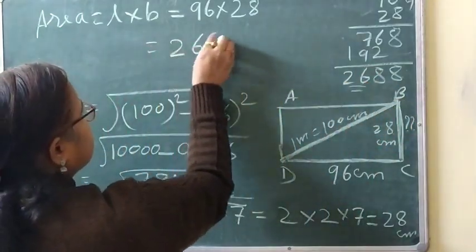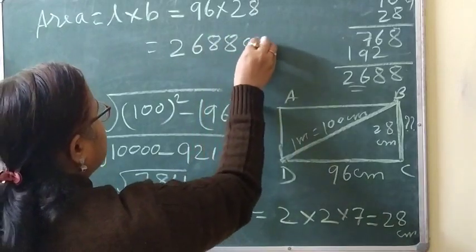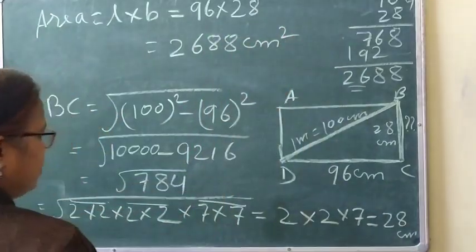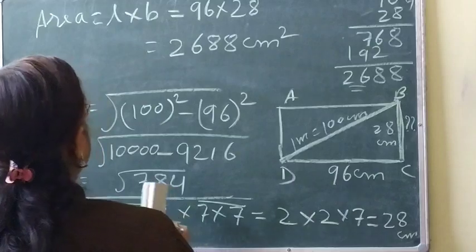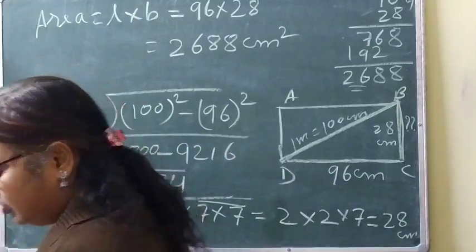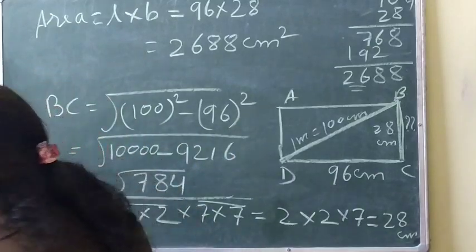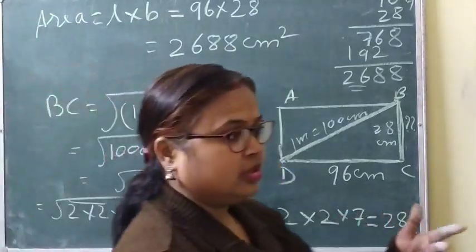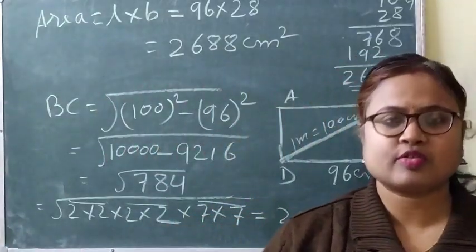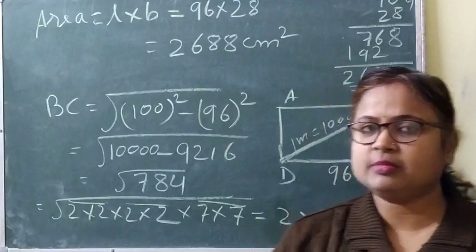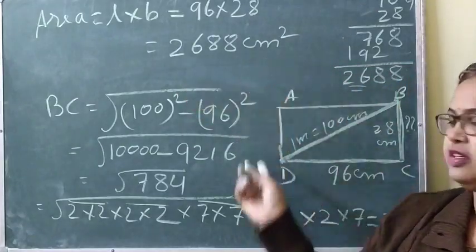So 2688 square centimeter. Clear? Area, because the unit of area is what? Unit of area is the square of meter or square of centimeter, and here it is given centimeter, so square of a centimeter.